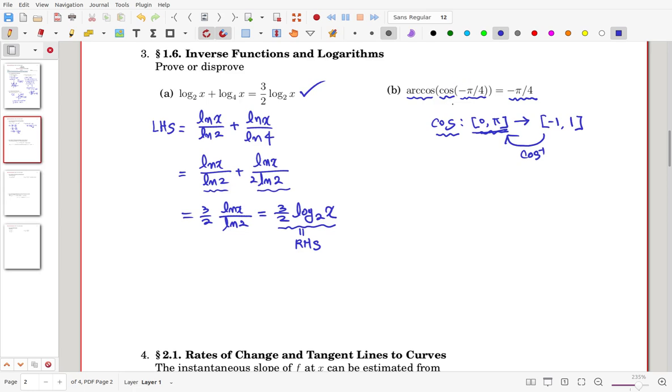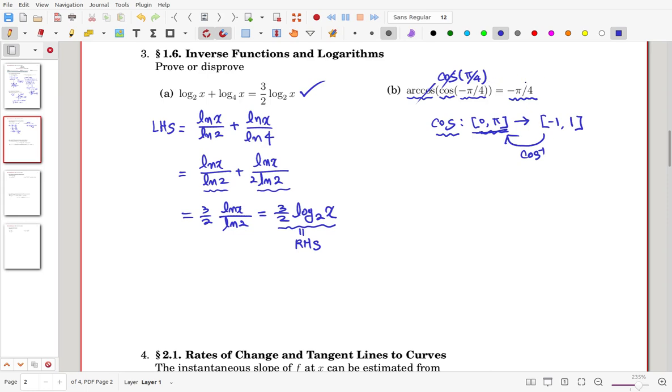Now to make it correct, we begin in this way: cosine of minus pi over 4 or cosine of pi over 4 are the same value, so that now this is inside 0 and pi, and if you try to cancel, then eventually you can get the value pi over 4.